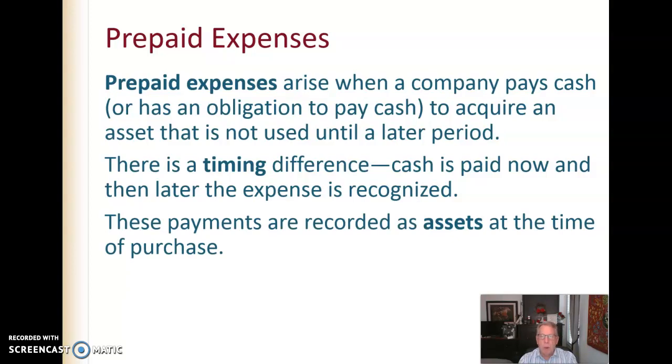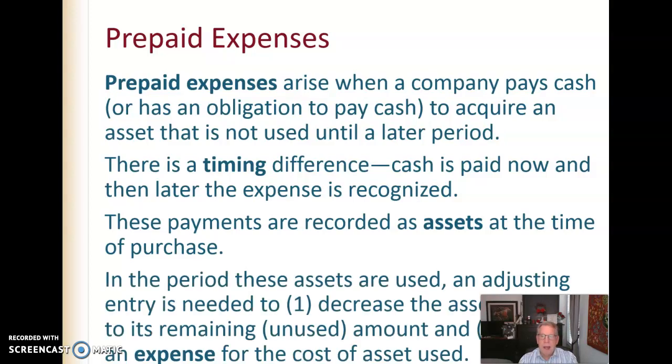These payments are recorded as assets, prepaid rent, for example. And in the period that these assets are used, an adjusting entry is then needed to decrease that asset's balance to the remaining unused amount and recognize an expense for the cost of that asset used.